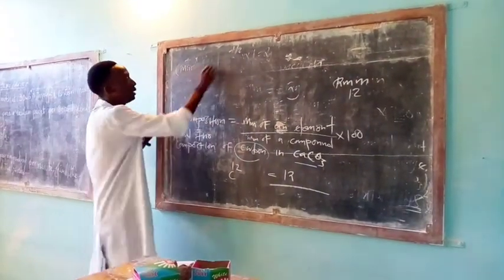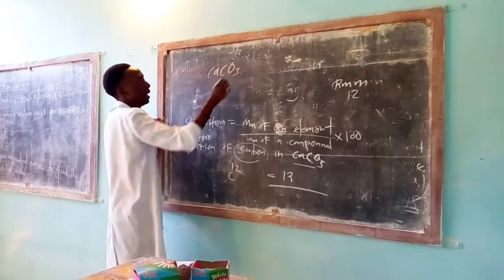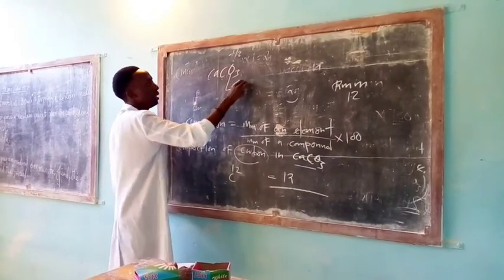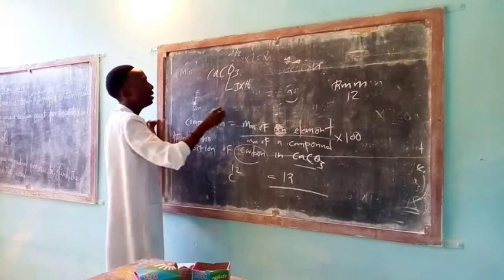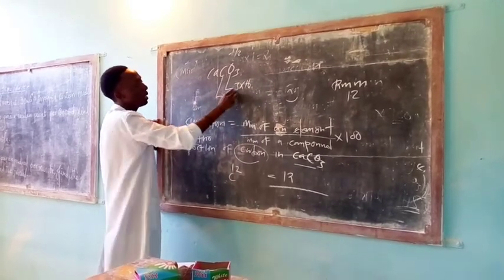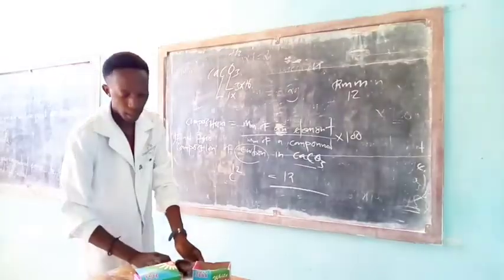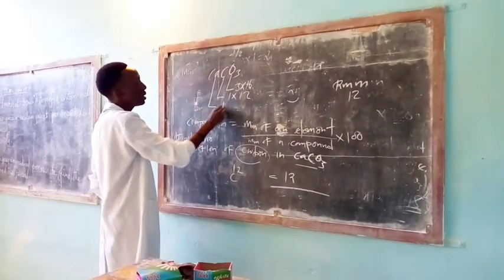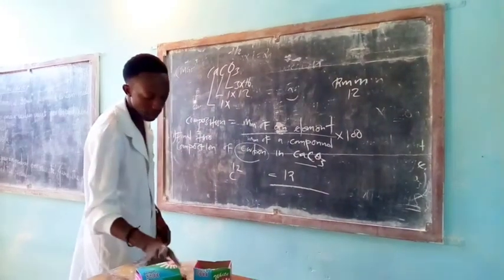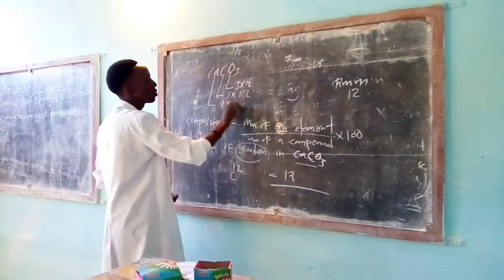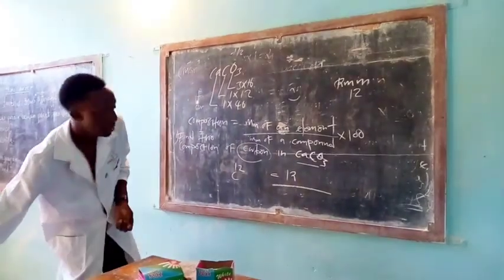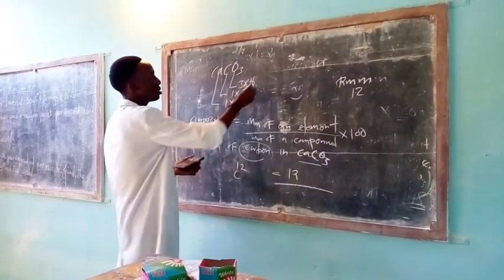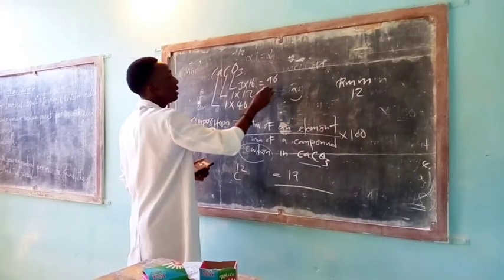When you are dealing with calcium carbonate, this is what you are going to do. Oxygen is 3 times 16. Then carbon, it's 1 times what's the mass of carbon? It's 12. Then calcium, 1 times what's the mass of calcium? It's 40. Now, 3 times 16, which is 96.